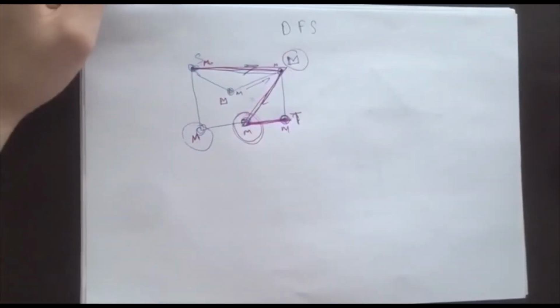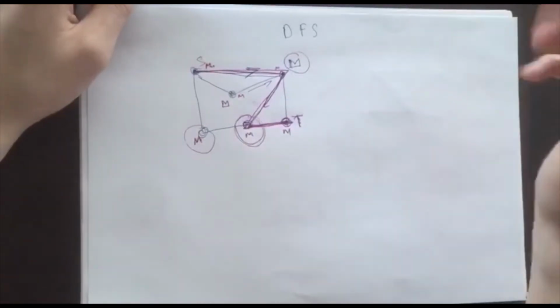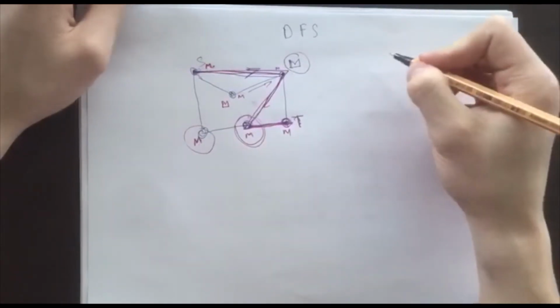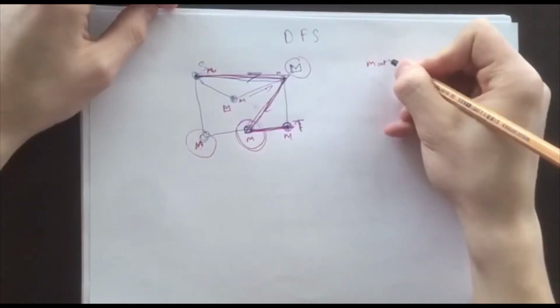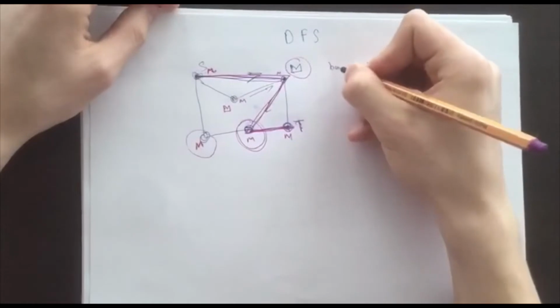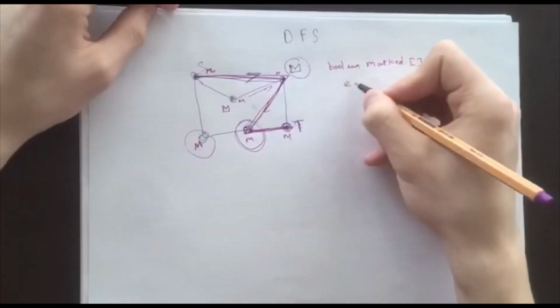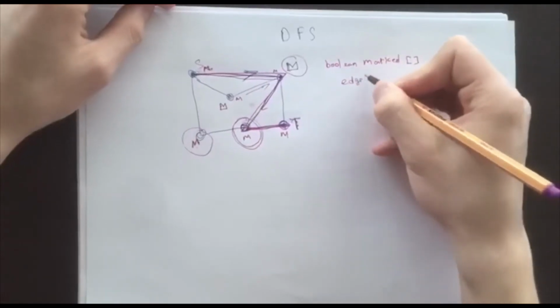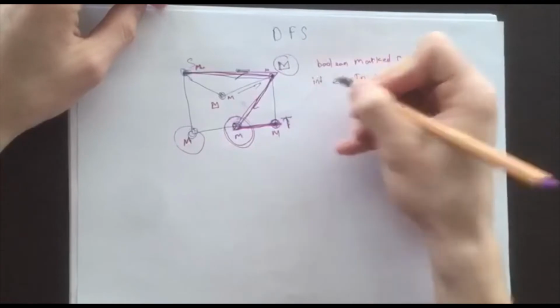And in the DFS algorithm, we are using two data structures. It's a marked array, it is Boolean, and the edgeTo array, it is integer.